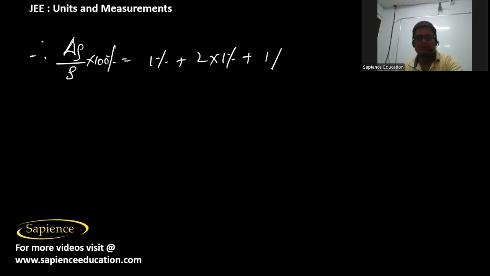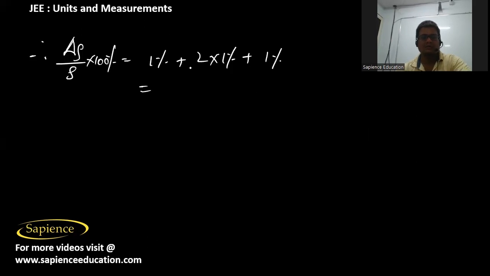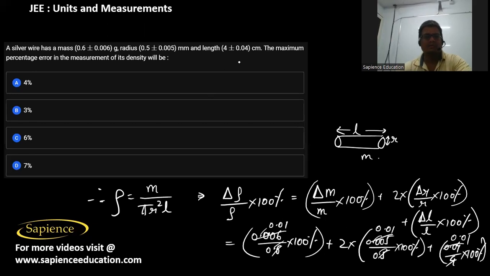So all percentage errors are 1%, so this will come 1 plus 2 plus 1, that is 4%. So 4% is the maximum percentage error in the measurement of density. Option A is the correct answer.